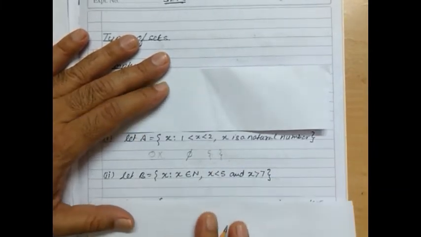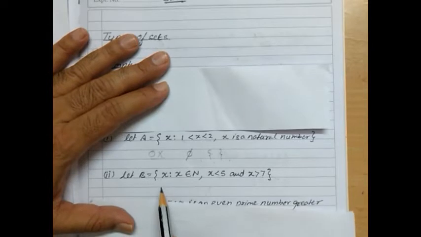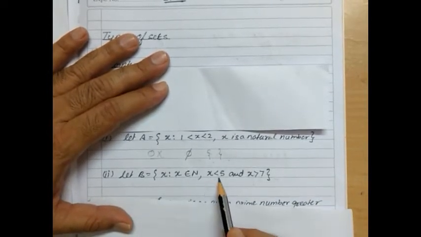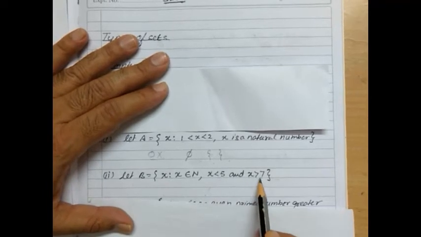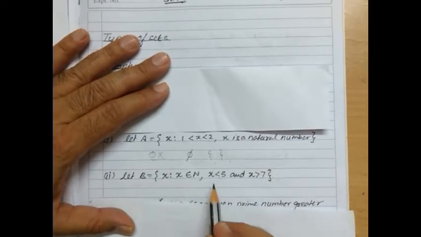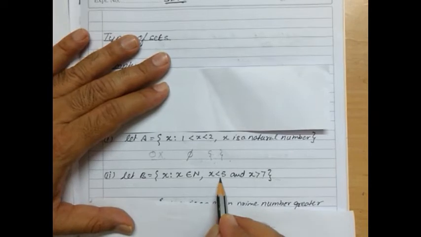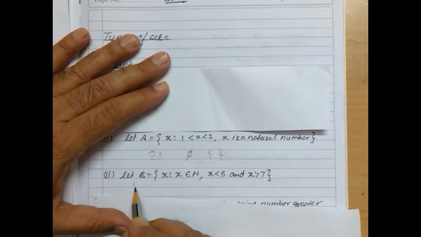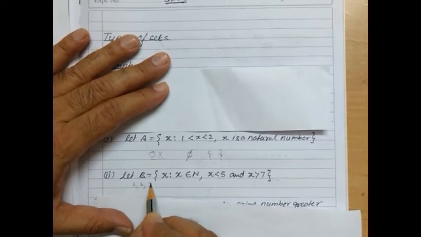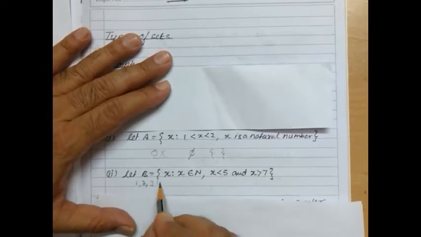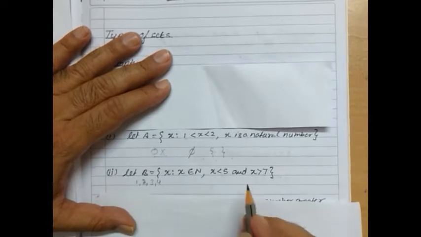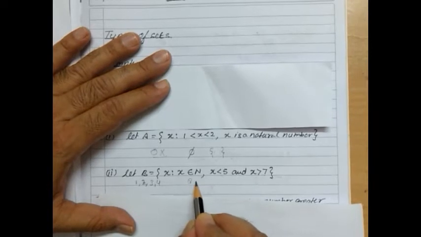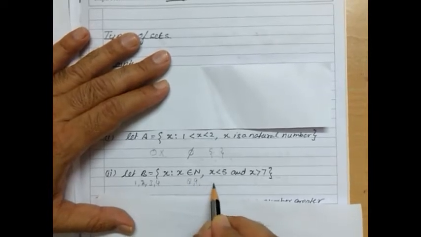Now another statement says, x is such that x belongs to natural numbers and x is less than 5 and x is greater than 7. If we list the elements, x less than 5 gives the elements 1, 2, 3, 4, and the other condition gives 8, 9 and so on.